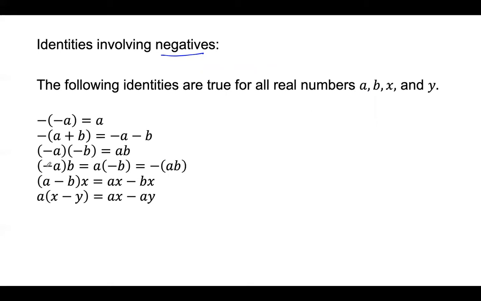We can distribute this negative in front of the A, it can be in front of the B, or in front of both of them. We can distribute the X in something of this form of A minus B, and we can distribute A in this way too. So they're all one and the same in terms of the left-hand side equals the right-hand side. And these are all called our distributive properties.